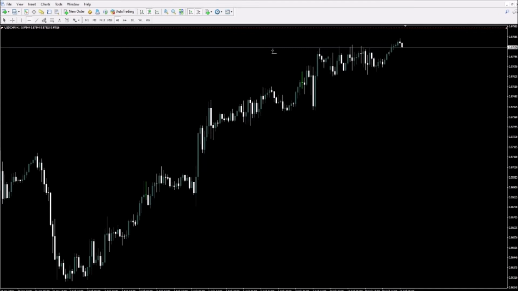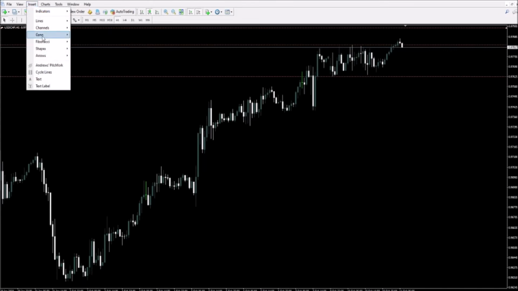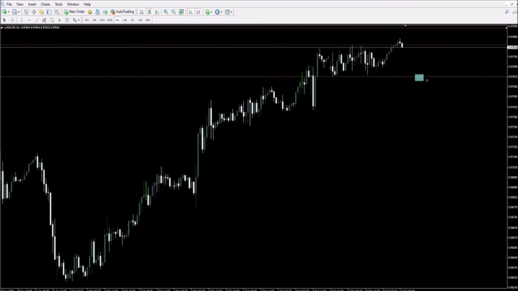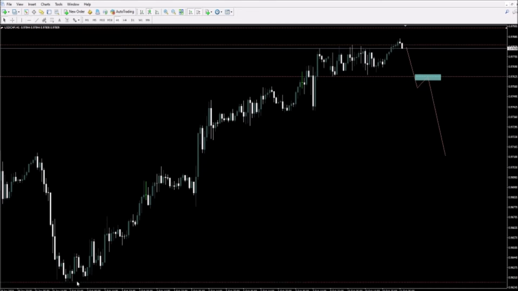We have Monday's range, so a break below Monday's low, and that should be good enough for a short for me. No target in mind, just playing it as we go along and see where we end up on Friday.